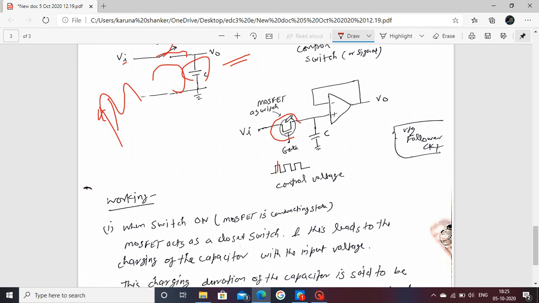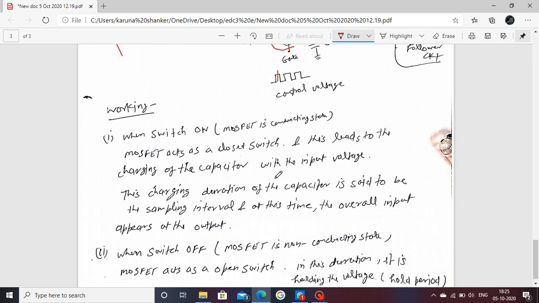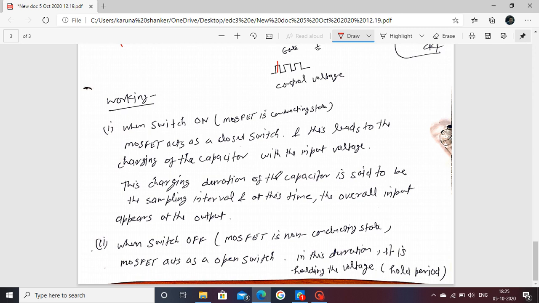On and off are the switches, meaning open and close. When closed, the sample value is stored in the capacitor and the output is whatever the stored value of the capacitor is. When off, the capacitor is not charging. This on and off procedure is followed to sample your signal.